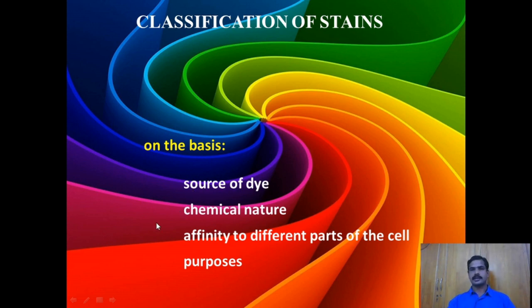Second, based on the chemical nature, that is acidic, basic or neutral. Third, affinity to different parts of cells, to cytoplasm or to nucleus. Then based on the purpose, for special purposes. So these are the ways of classification of stains.